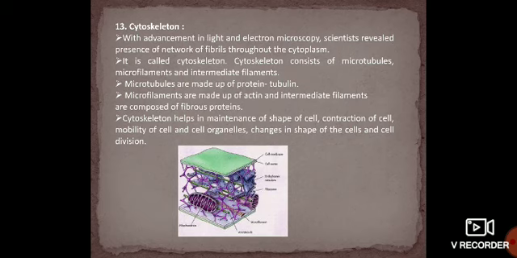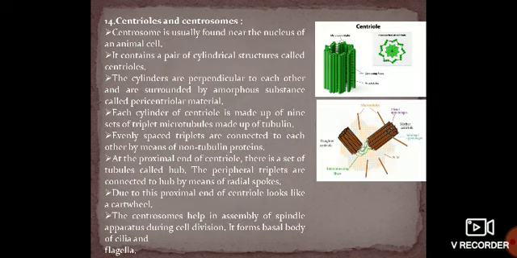Cytoskeleton helps in maintenance of the shape of the cell, contraction of the cell, mobility of the cell and cell organelles as well. Change in the shape of the cell and cell division also take place with the help of the cytoskeleton.